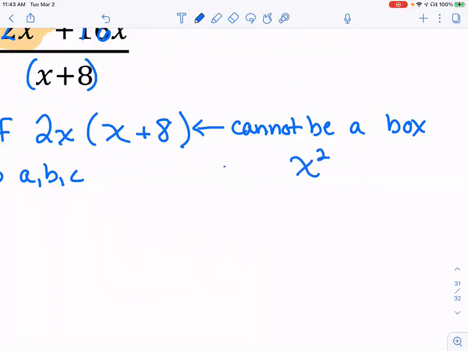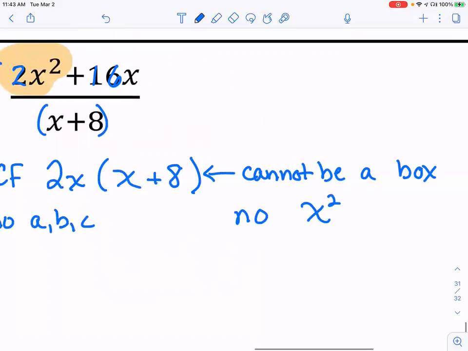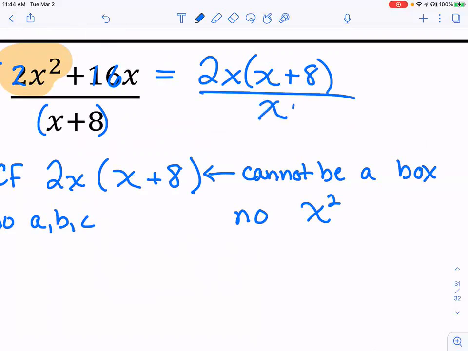If you don't have an x squared, you can't do the whole box process. So all I need to do is write an equal sign, write it as my factored 2x times x plus 8, divide it by my x plus 8. And like you said, the final answer is just 2x.